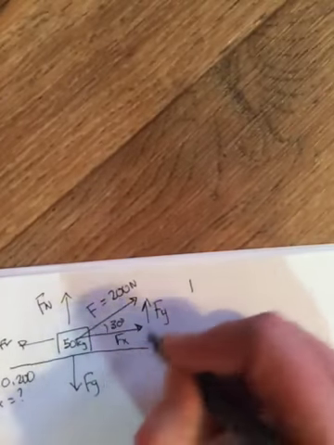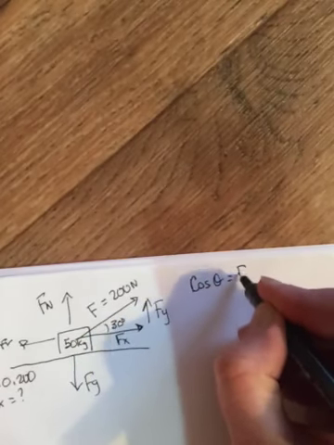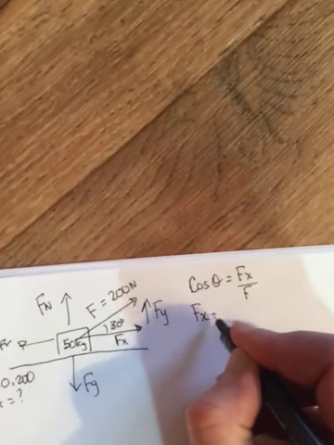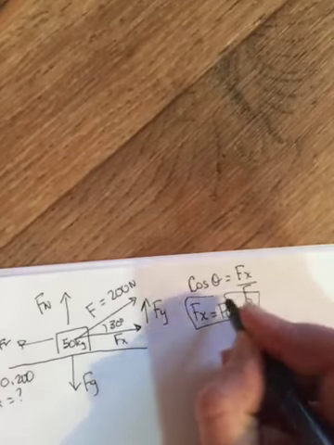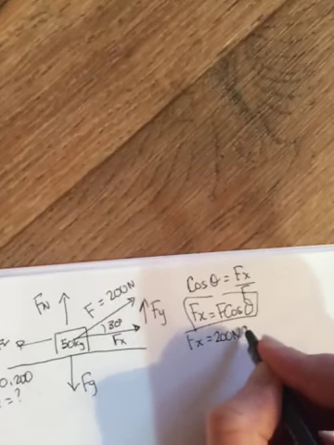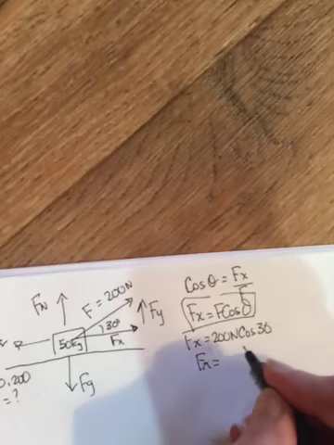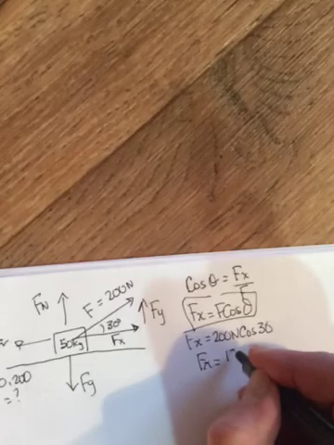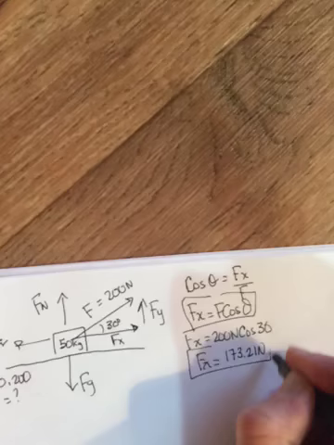So the x component is the adjacent side, so cosine of theta should equal Fx over F. I would probably do Fx equals F cos theta and just leave it at that. But if you didn't, then Fx is equal to 200 newtons cos of 30, and you get an Fx of 173.21 newtons.